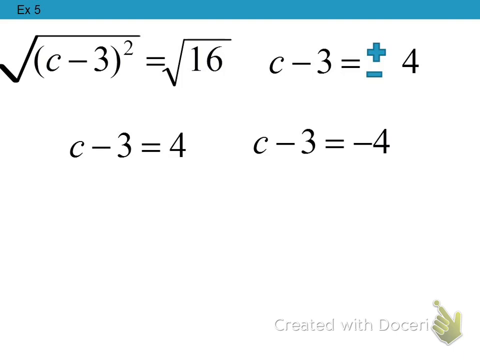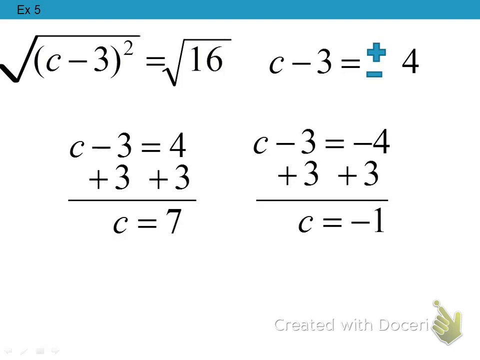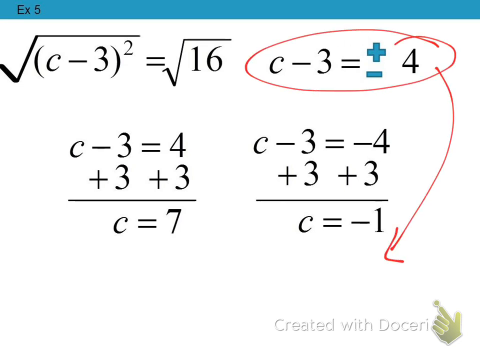Okay. So when I add 3 to the first one, I get 7. When I add 3 to the second one, I get -1. Some people will also keep it together. Like you could go right from here to down here. And when you add 3 to both sides, it's 3 plus or minus 4.